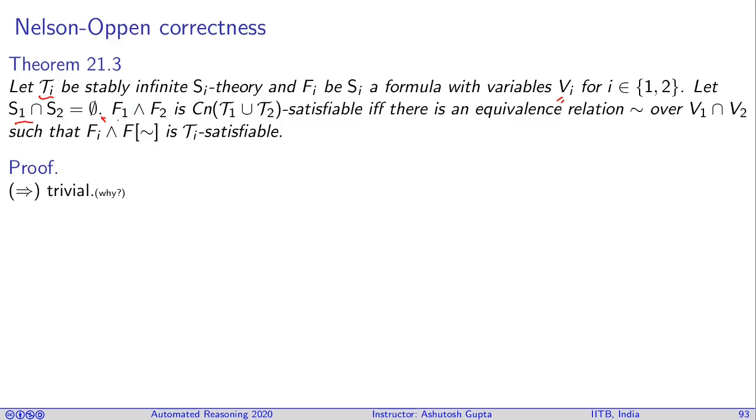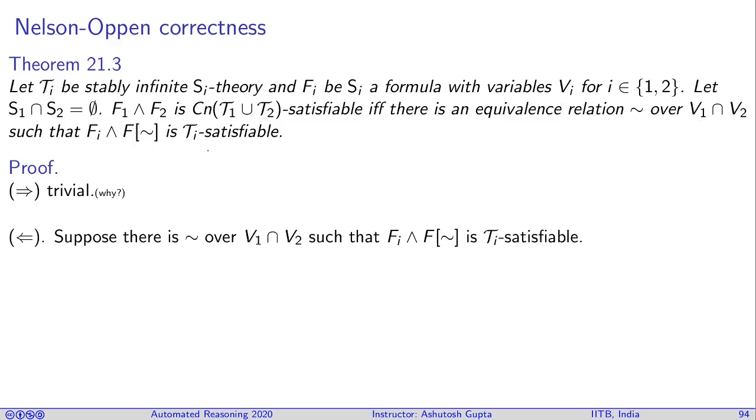And F1 and F2 are in these theories, and there is an equivalence relation on V1 intersection V2 such that Fi together with that equivalence relation is Ti satisfiable. The forward direction is again trivial. The reverse direction is not difficult to see in how it connects to the previous theorem.